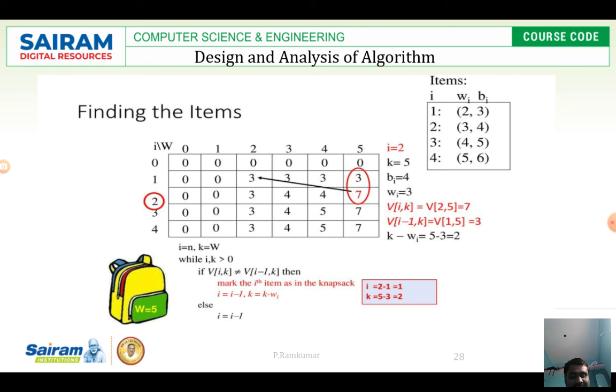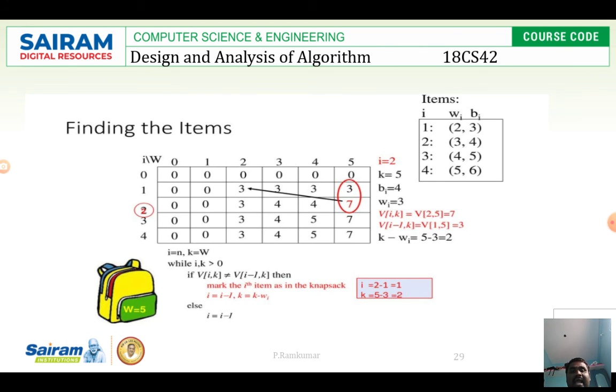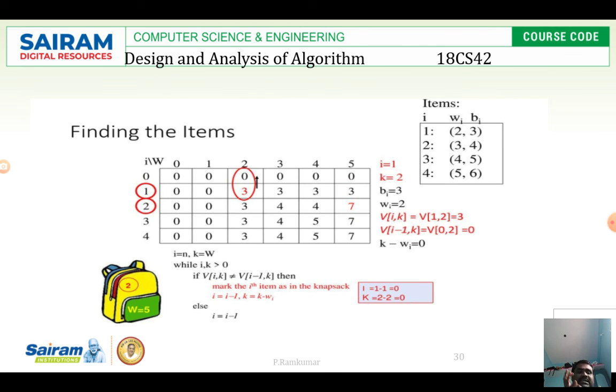Yes, 3 is present. Afterwards is 3 present? No. So I can select the second object. So I will select the second object as well as the first object.